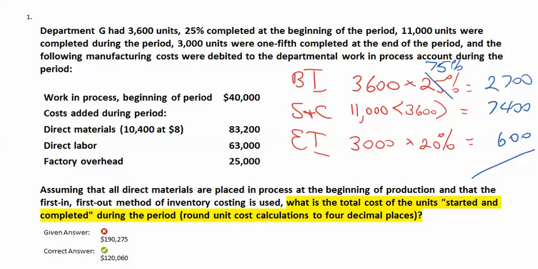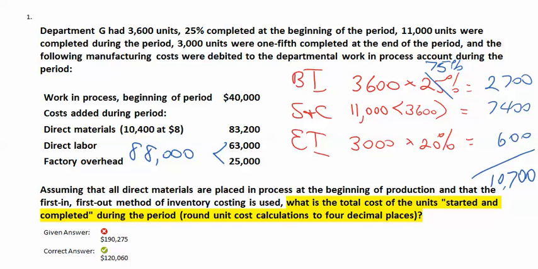So my total equivalent units of production for conversion is going to be, looks like 10,700. So that's what I've converted the equivalent of. If I take my conversion costs, these two numbers here, my direct labor and my factory overhead for the period, add those together, that's 88,000.